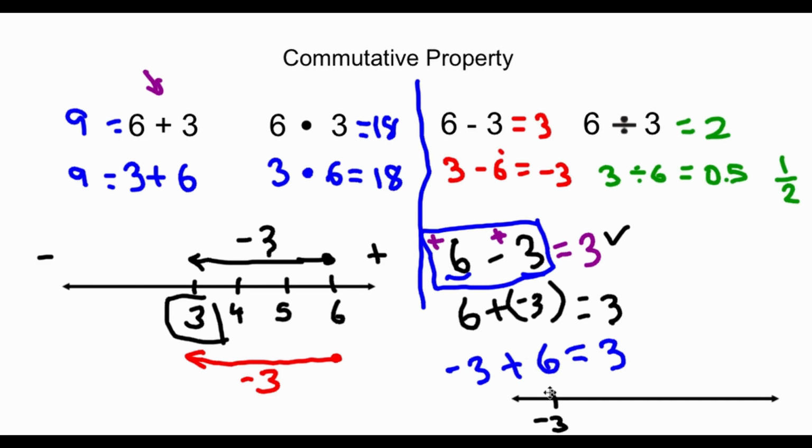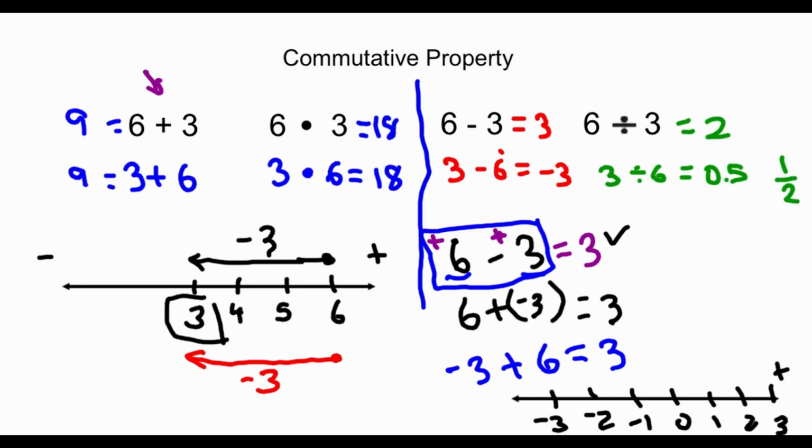Now, plus 6 from negative 3 means I have to move 6 units, but instead of going left with the negatives, now with a plus 6, I have to go to the right towards the positive 6 units. So the negative 3 is where we start. Then it's negative 2, then negative 1, then 0, then 1, 2, and finally 3 here.